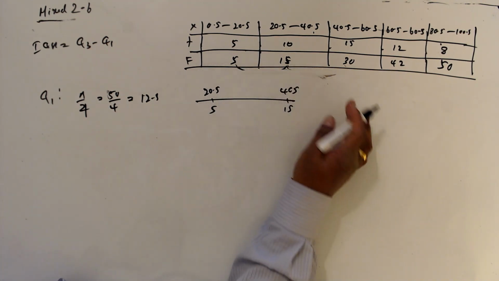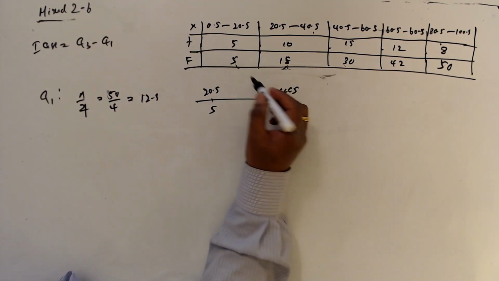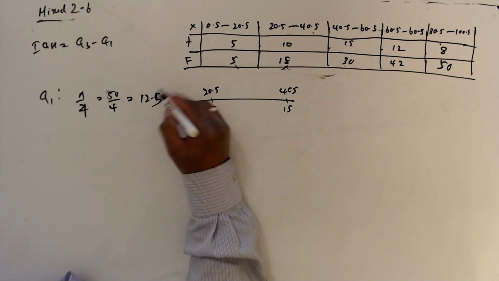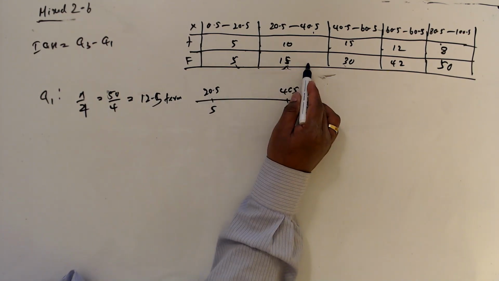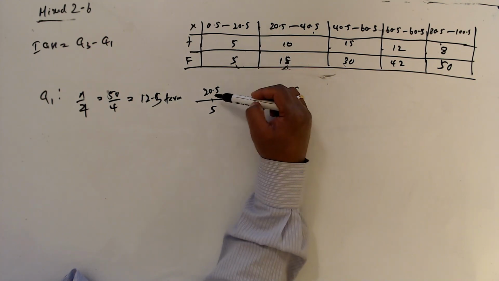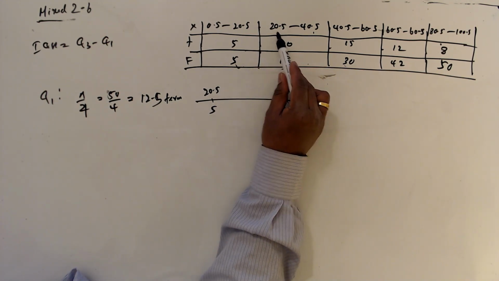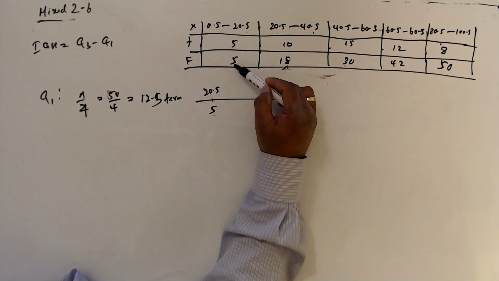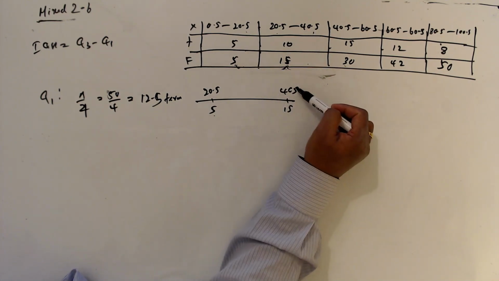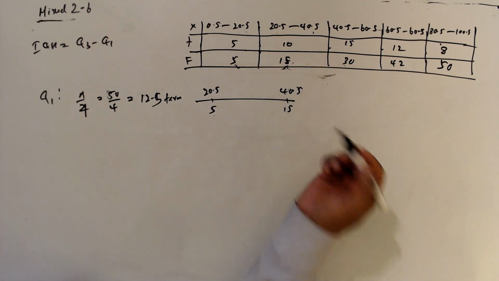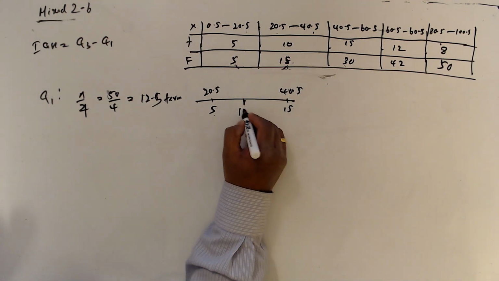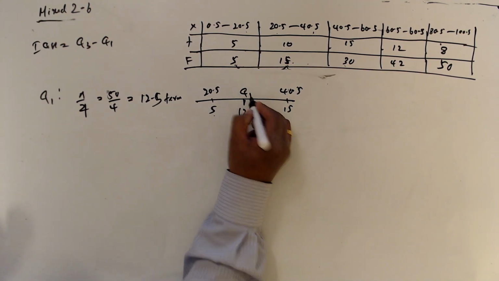Or you can think about it like this as well. The 15th term we need, but it is not here. This is the boundary. So what is 20.5 boundary? At 20.5 you have 5, and at the 40.5 boundary, you have 15. So you can come like that as well, 20.5, and this is Q1.